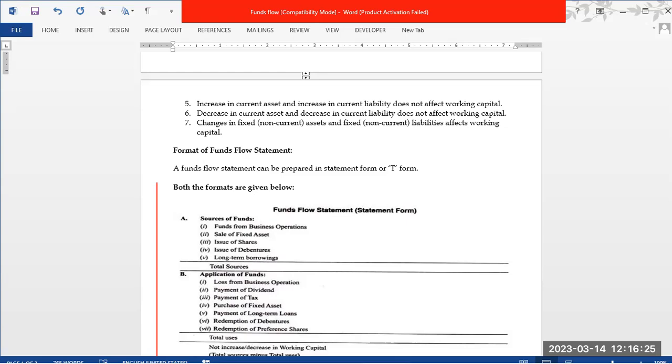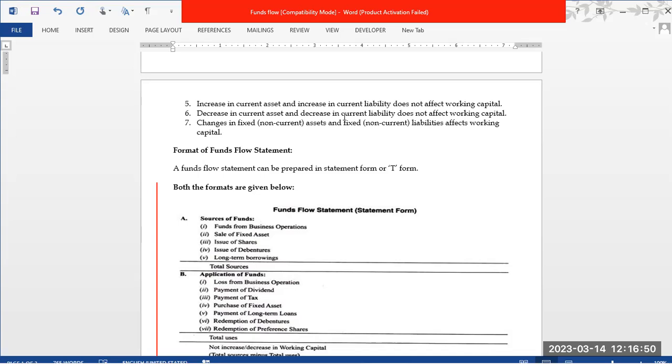Number 6th rule, decrease in current asset and decrease in current liability does not affect working capital. So what are some of the things which do not affect working capital? Decrease in current asset, increase in current asset, then decrease in current liability, increase in current liability. All this does not affect working capital.